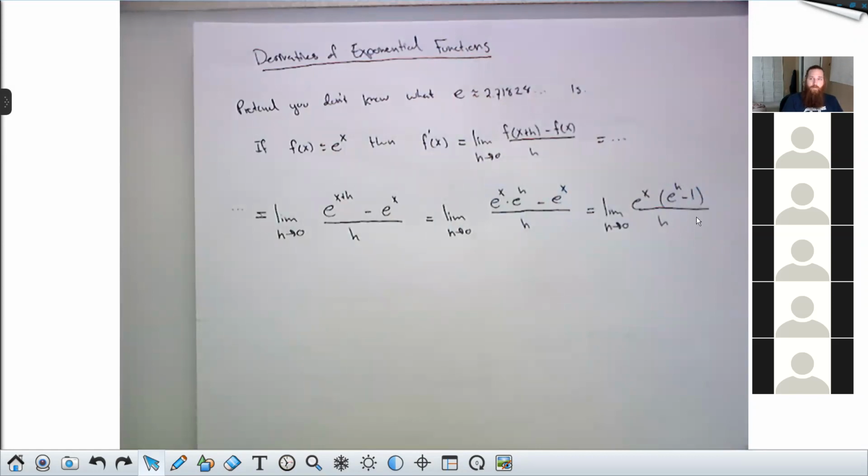And a neat thing that's going on here, this limit is sending h to 0. This piece doesn't have any h's in it, so I can actually bring it outside the limit.